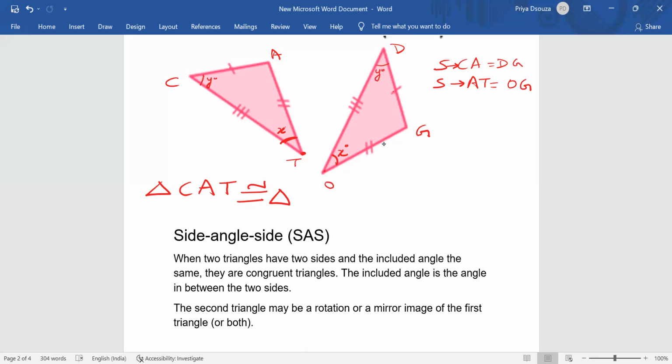And then the leftover side, that is the third side, CT. CT, triple stroke, is equal to DO. Now CT is opposite to vertex A. I'll call that Z degrees.